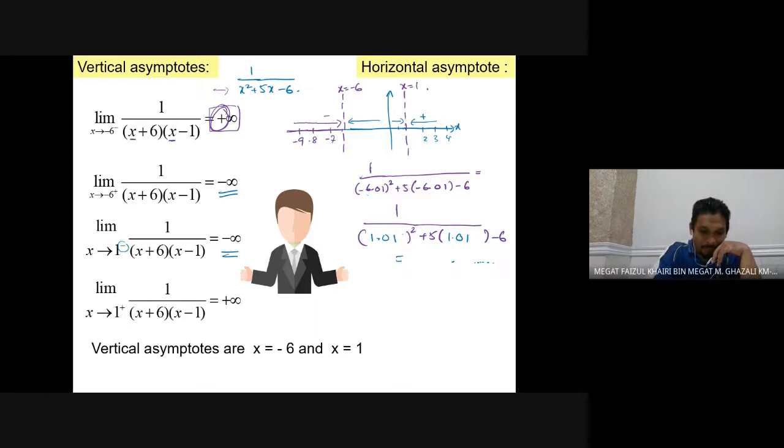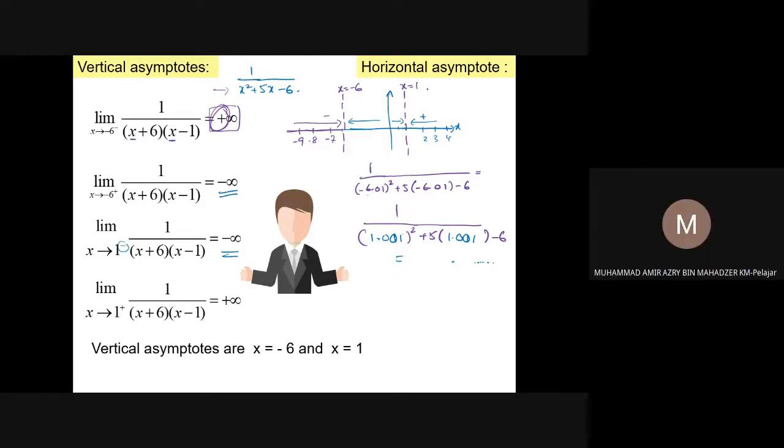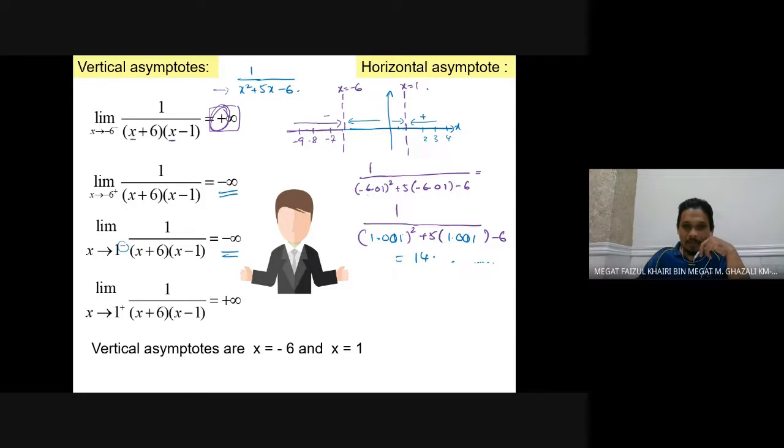Okay, let's say I'll test with 1.001. What about this? 142.836, and so on.